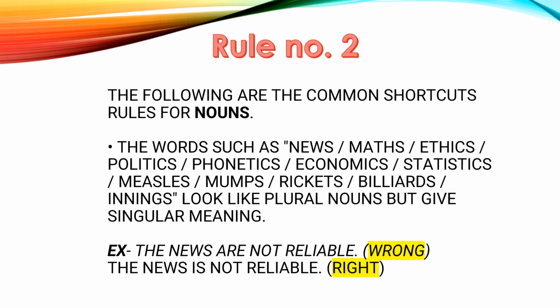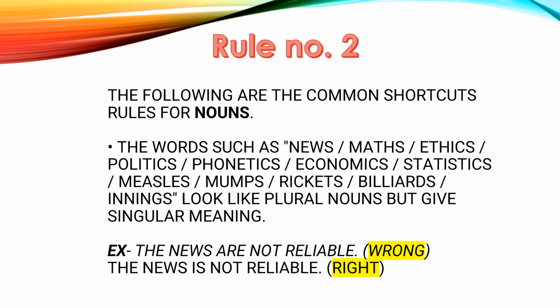For example, if I say news, I am not referring to a certain single news item. I am referring to multiple news items present in the news section. So it seems as if it is plural, but they give singular meaning.